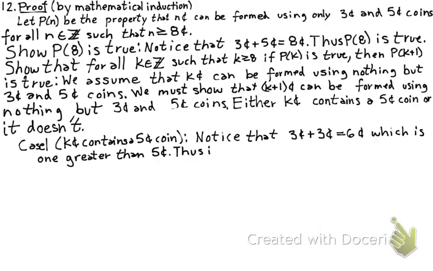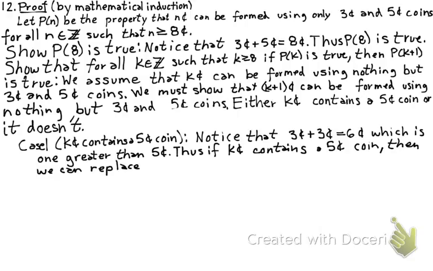Thus, if K cents contains a 5-cent coin, then we can replace the 5-cent coin by 2 3-cent coins to get K plus 1 cents.